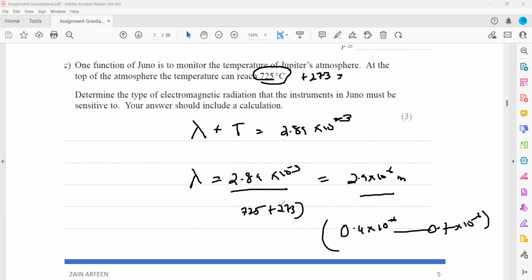This one is red, this one is violet. Violet has a shorter wavelength. So this is the range of the wavelength. But because this is 2.9 exponent minus 6, it's a longer wavelength than red, which means this is infrared.